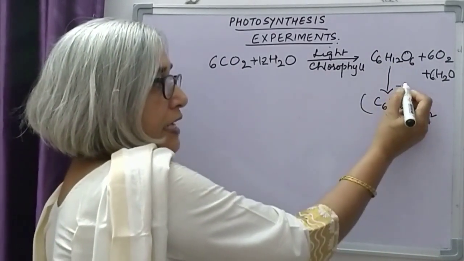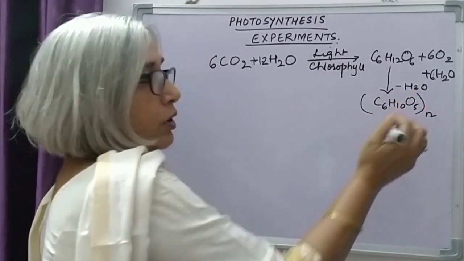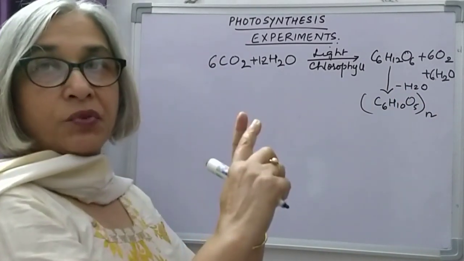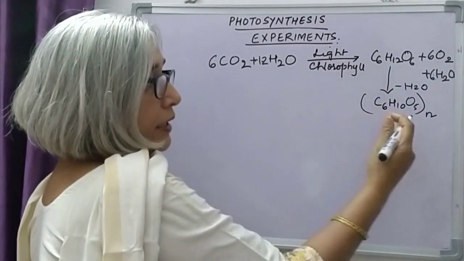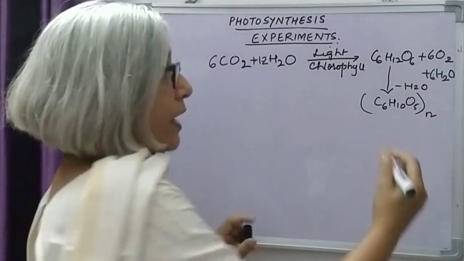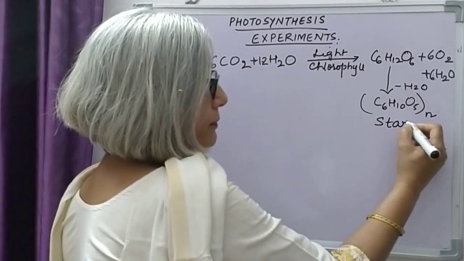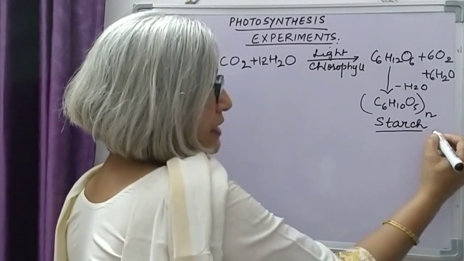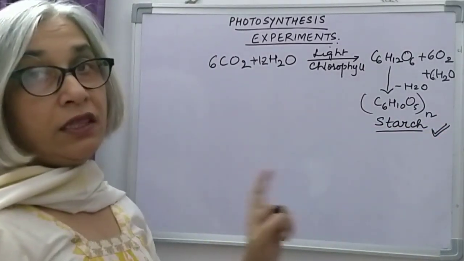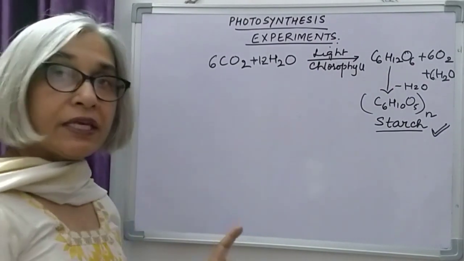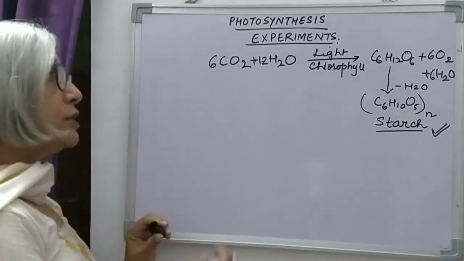That is, each time a molecule of glucose combines with another molecule, a molecule of water is removed, and that's how the chain is formed, and we say starch is formed. So basically we test the presence of starch in the leaf after doing any experiment on photosynthesis.